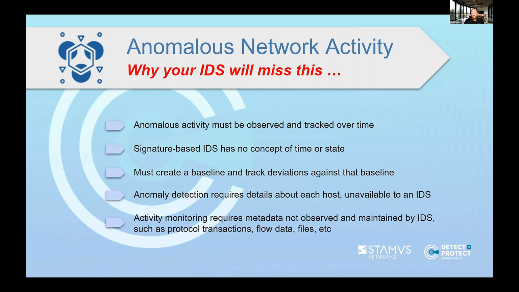So why might you miss this? Anomalous activity must be observed and tracked over time. Also, you have no way of giving a legacy IDS a way to actually tell it what normal is.